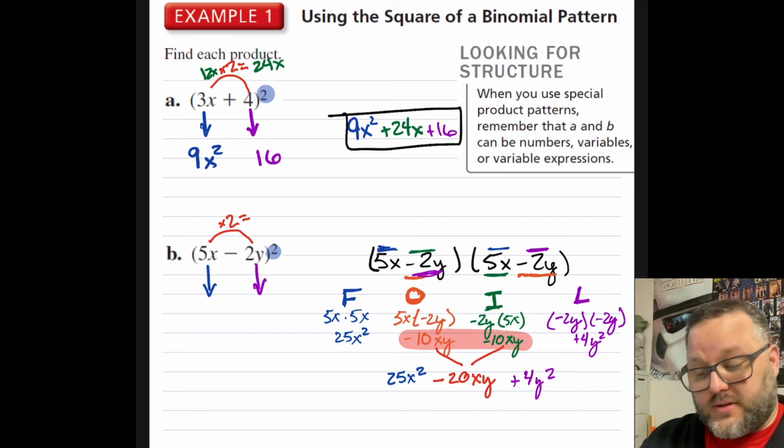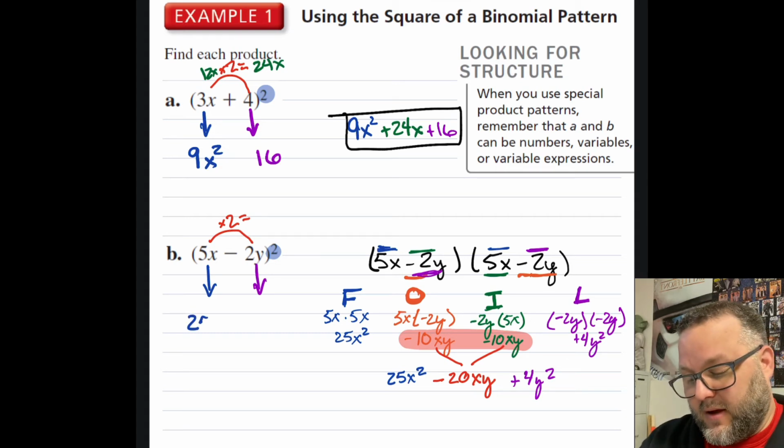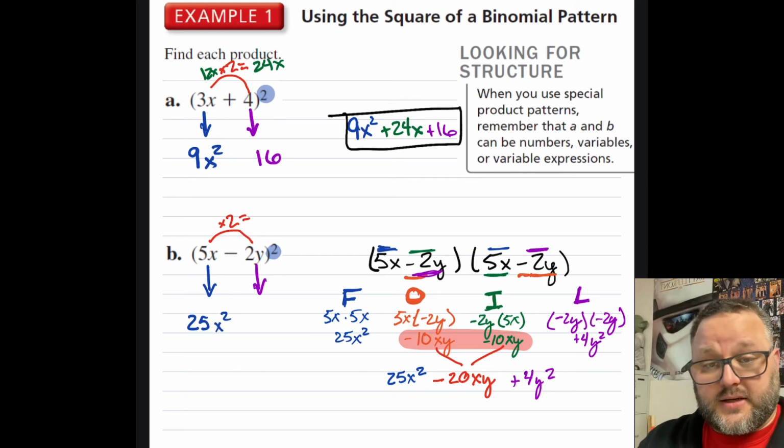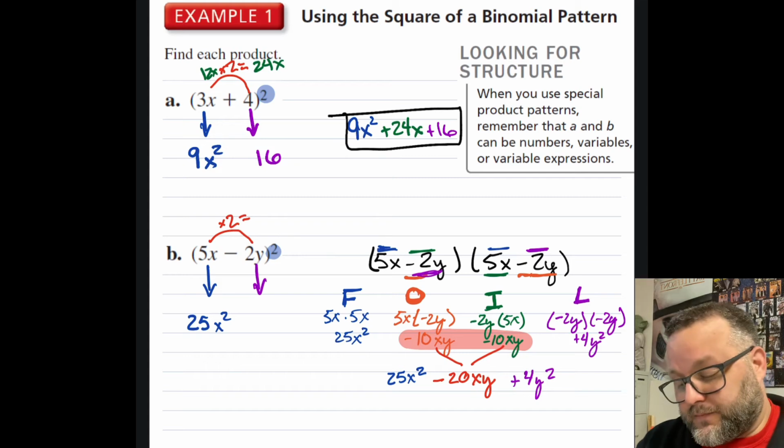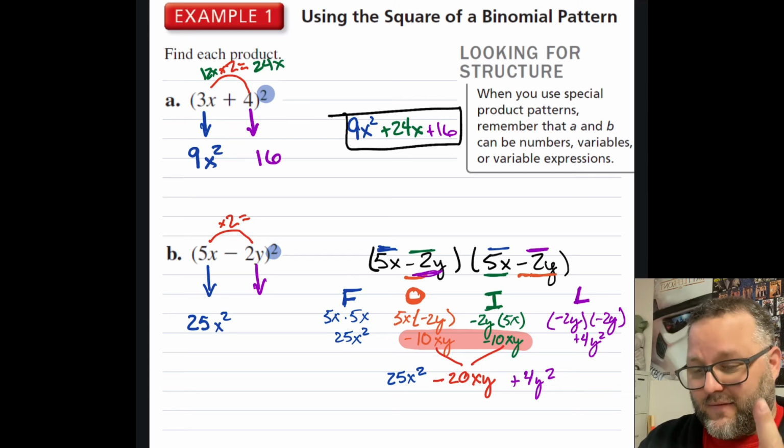Well, 5x squared is 25, because 5 times 5 is 25, and x squared, because x times x is x squared. Negative 2y, because we're talking about terms. Sorry, I forgot the negative part on there.